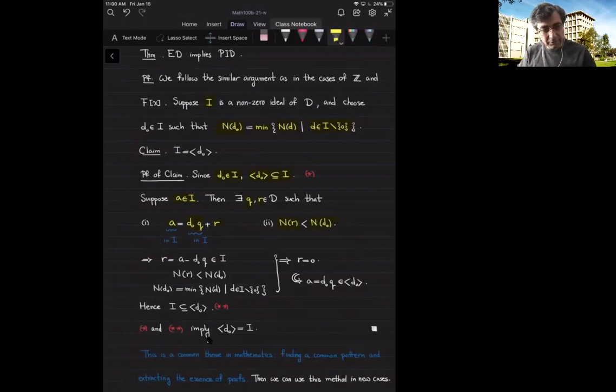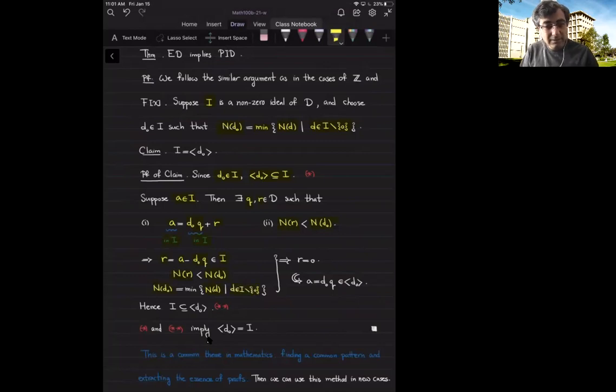Similar to the ring of polynomials, we write down the remainder as a minus this multiple of d-naught. I observe that both a and this multiple of d-naught are inside this ideal I, and therefore their difference, which is the remainder r, is also inside the ideal I. But the norm of r is strictly less than the norm of d-naught. And d-naught was chosen so that its norm was minimum among norms of the non-zero elements of this ideal.